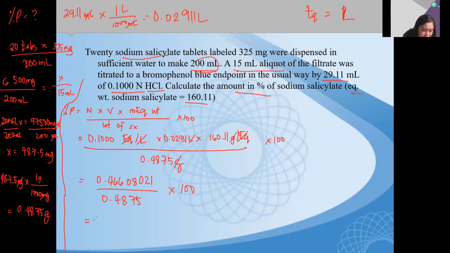The answer 95 point. I'll just round it off to 2 decimal places. So we have here 95.61%. Again, this one is the correct answer for this type of problem.